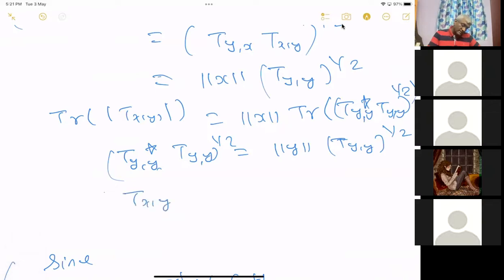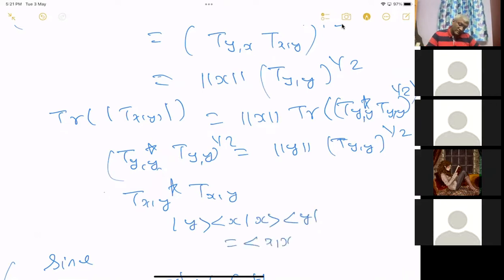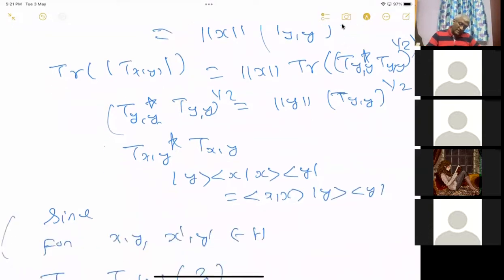Txy star Txy. So this is Tyx. So yx, right? And then x here. So which is equal to xx yy, which is right.